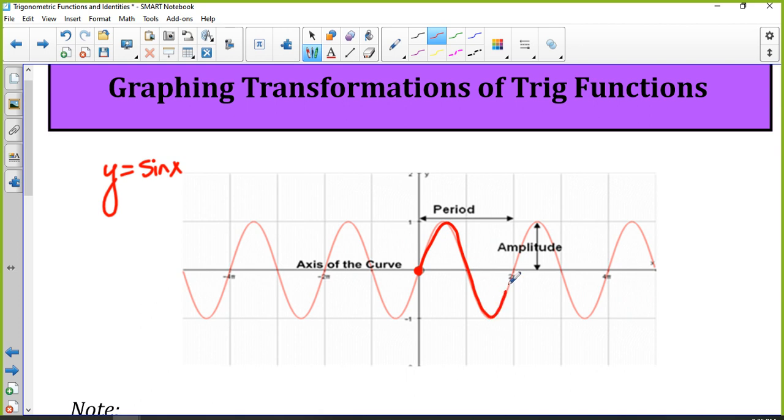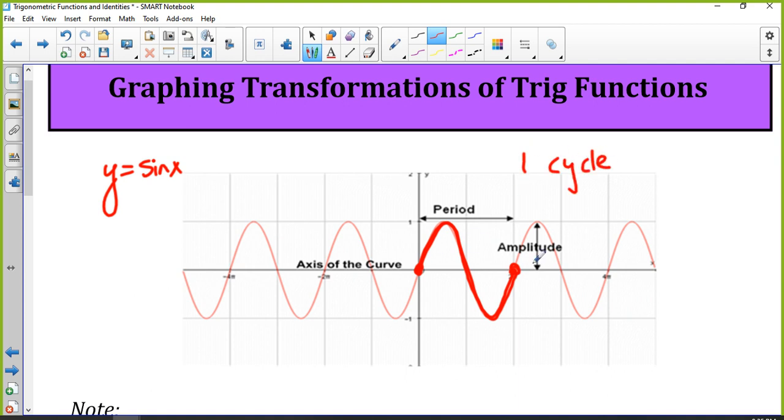One complete cycle for y equals sine x means it starts at its middle value, what we call the axis of the curve. That mean value, or the axis of the curve, is the halfway point between the maximum point and the minimum point. So starting off at its mean value, going up to its maximum, back down to its mean value, down to its minimum, and back to its mean value again, that's one cycle.